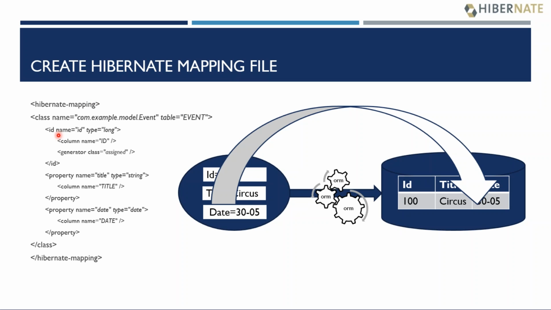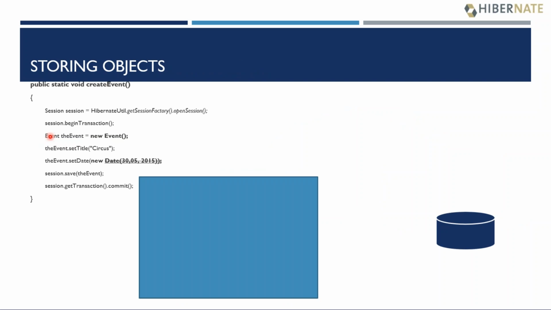Yes, over here in the mapping file, whichever column you write under the ID tag, with name equal to ID, that will become the primary key of your table. Okay, sorry, I didn't pay attention to the ID tag. It's an ID tag, not a property tag. Yes, it is an ID tag, so automatically that column will become the primary key of the table. Okay, got it.